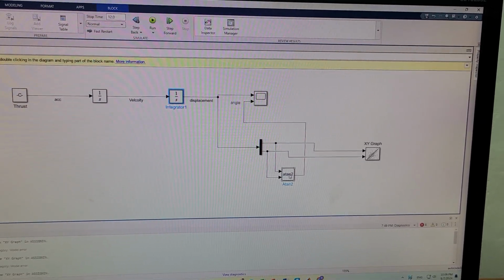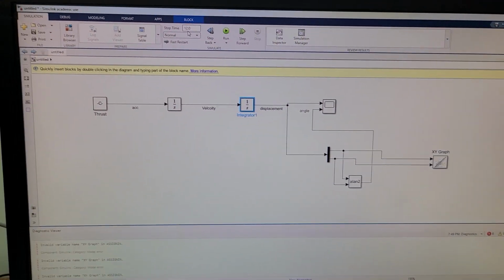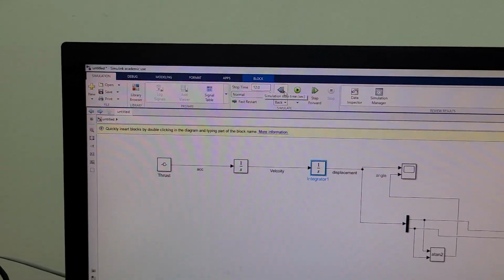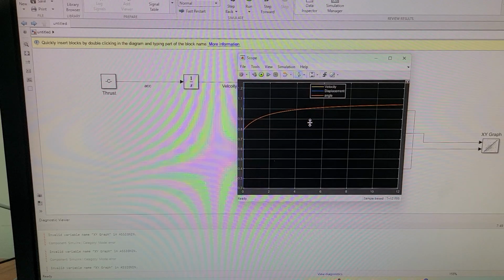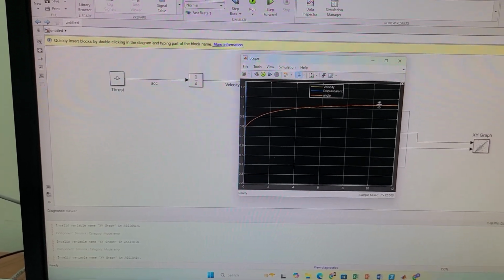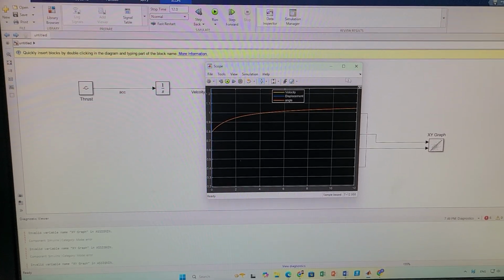This is the block which shows the results in radians. The simulations are performed for 12 seconds, and this shows the angle, starting from here, over the whole 12 seconds of simulation time.